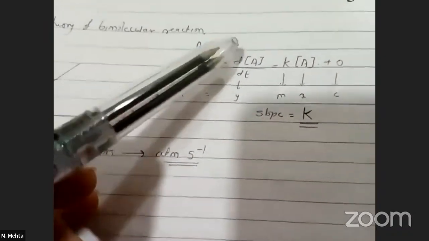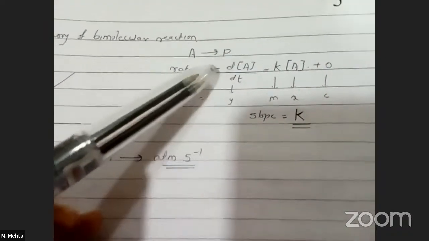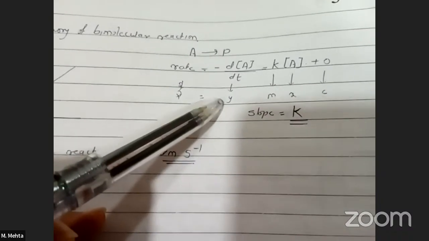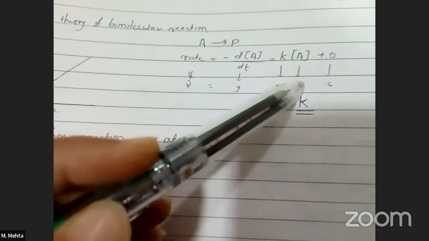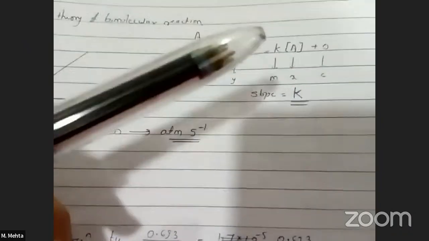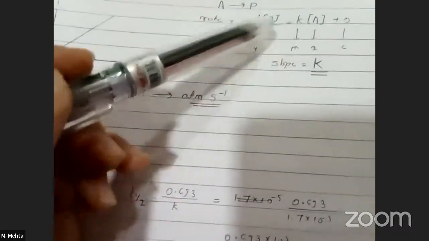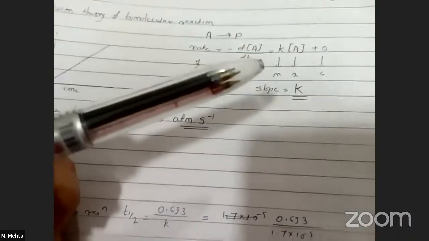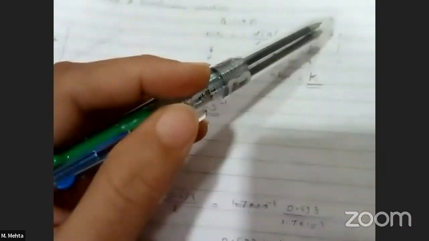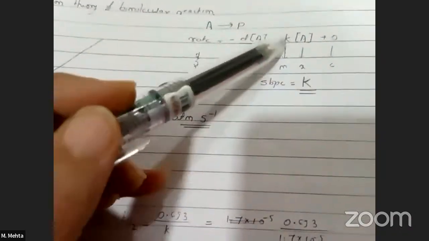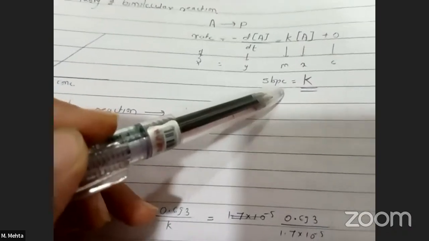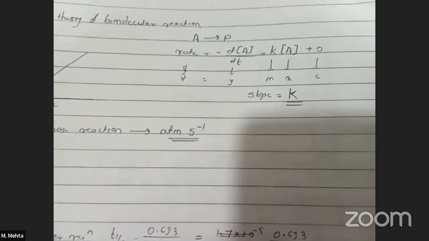So I can relate that equation with the straight line equation like this: minus dA upon dt can be considered as Y, then K as M, concentration of A raised to X, and 0 as C. So when we plot the graph of concentration versus rate, the nature of the graph will be a straight line passing through origin, and the slope of this graph will be K. So the answer is option D.